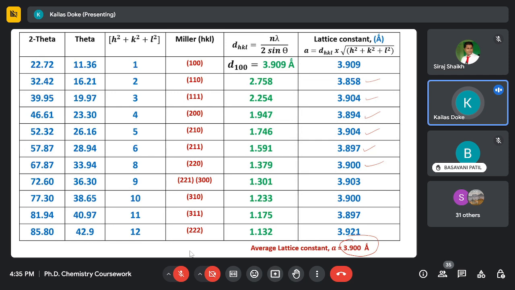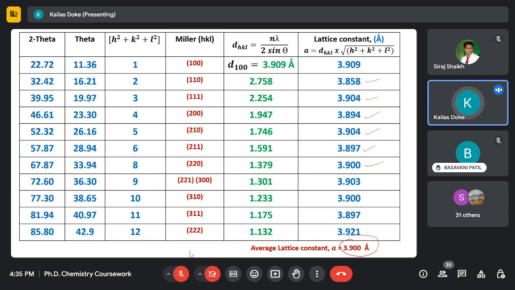And if you go to the result and discussion of that research paper, you will find that the lattice constant value A is 3.90 Angstrom, which means that whatever calculation we did in the manual indexing, determining the indices of each diffracted peak, determining the distance between two planes of diffracted peaks, and determining the lattice constant, they are correct, and the average lattice constant is also correct. Is that clear?